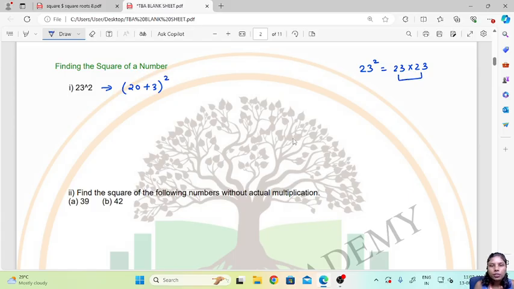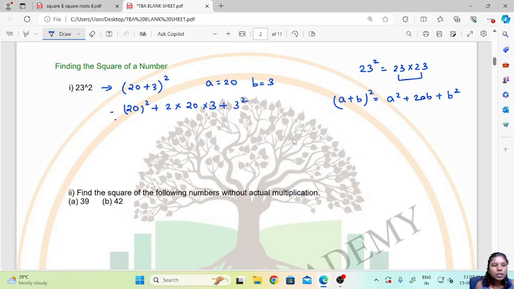Now there is a formula. If you have (a plus b) whole square, you can write it as a square plus 2ab plus b square. This same formula we are going to use here. In this case our a is 20 and our b is 3. So we have a square, that is 20 square, plus 2 into a, again 20, into b, which is 3, plus 3 square.